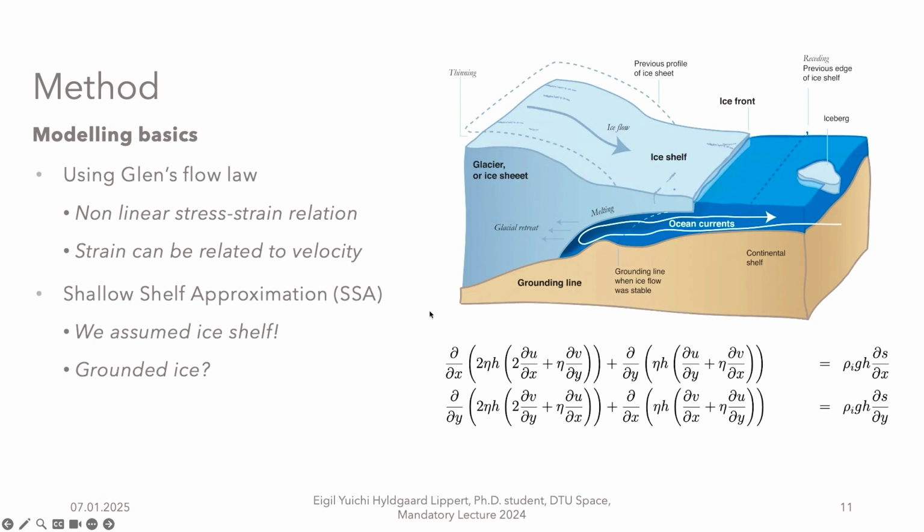But the thing is that in the shallow shelf approximation, we actually assumed that we were working only with an ice shelf. But often ice is grounded, meaning it actually has some kind of friction with the bedrock. There's something opposing the flow, which would not be the case if it was floating. Additionally, it turns out that if we only model the ice with deformation, then we cannot reproduce the observed velocities.